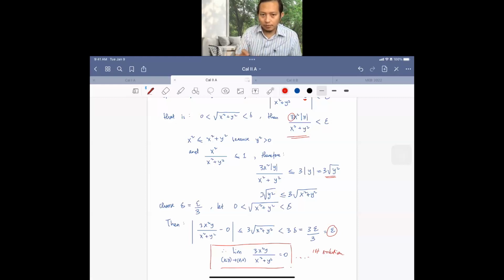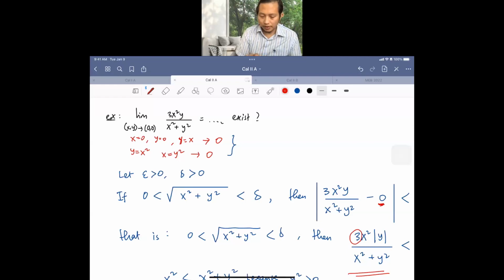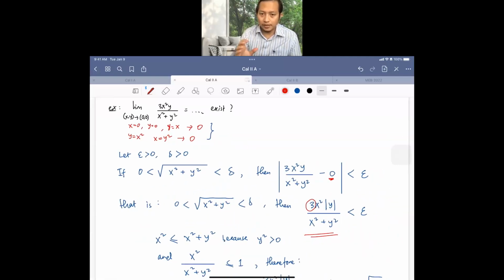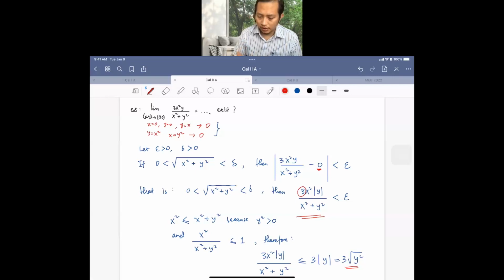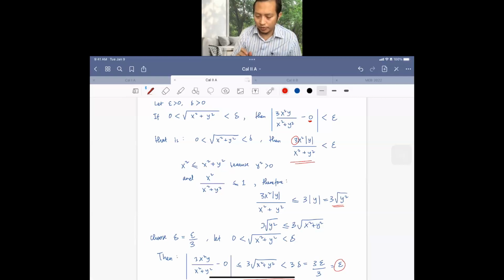I hope you get the idea on this point. This is basically using the precise definition of limit. Although if you look at some of the line equations and parabola equations that we applied, it seems that it will go to 0. But to make it more concise and true for all conditions, with the precise definition of limit, we see that it's proven to be correct.